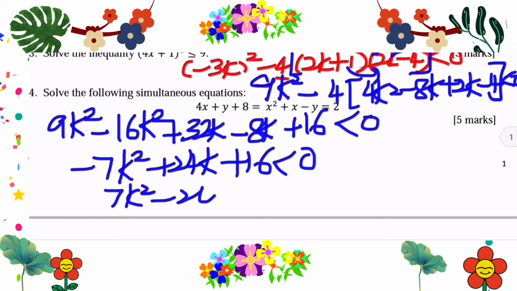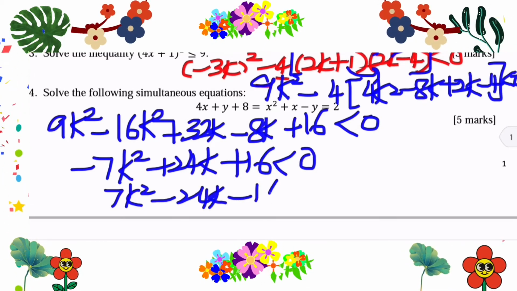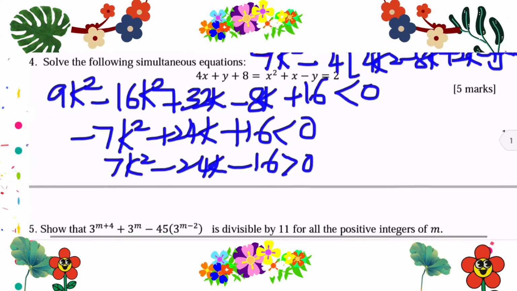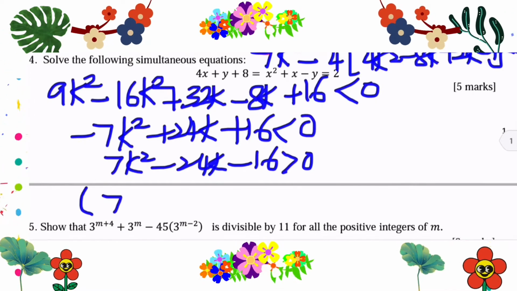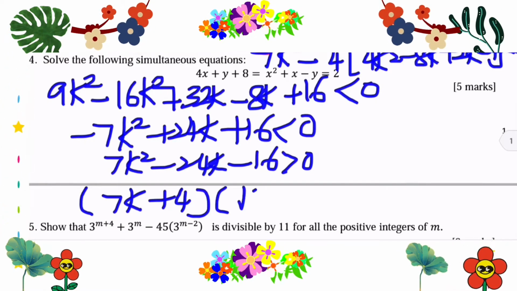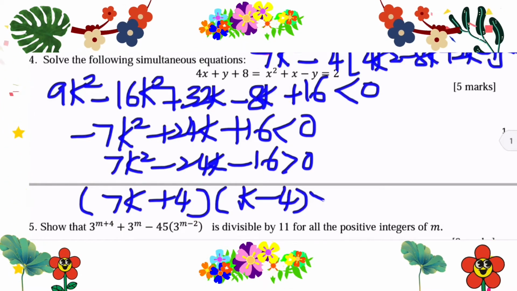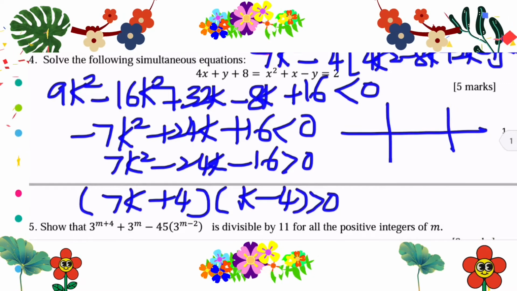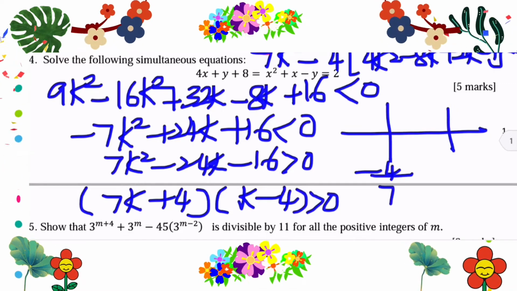Now you need to make sure the general form has a positive coefficient of A before you factorize. Alright, so in this case the sign has to be changed, because we shift it to the other side, or you can say you multiply by negative, so you have to change your sign.